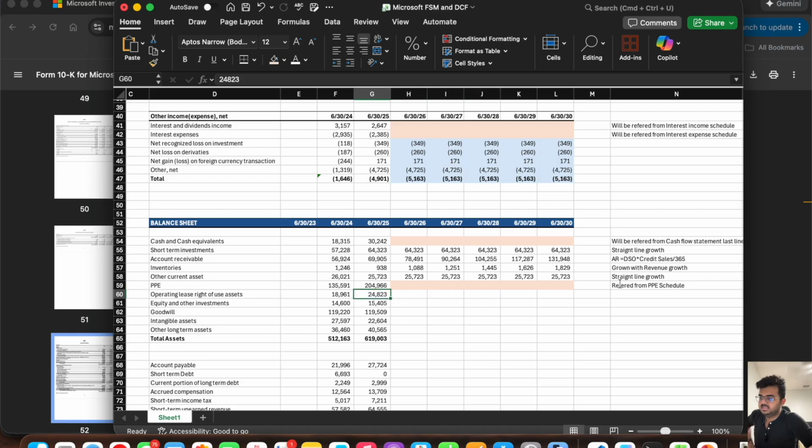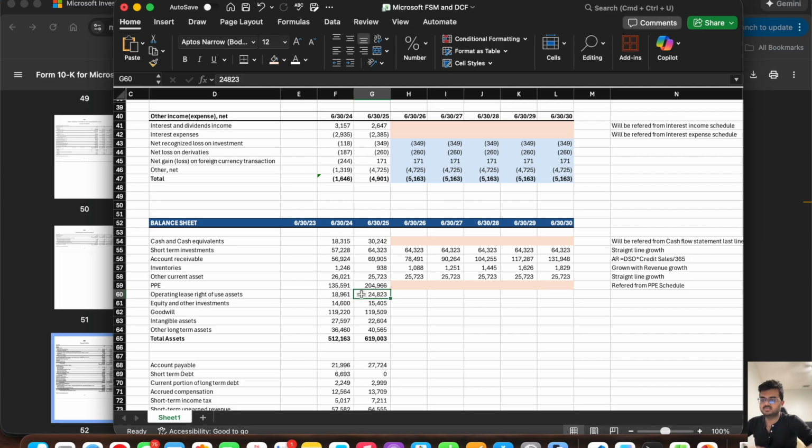Next one, operating lease right of use assets. What this number means is, say Microsoft could have leased some assets or property to use in the long term, which they could have prepaid much before this time. So Microsoft is showing how much they have paid before, which means $24 billion is the operating lease right of use asset in 2025, approximately $24.8 billion.